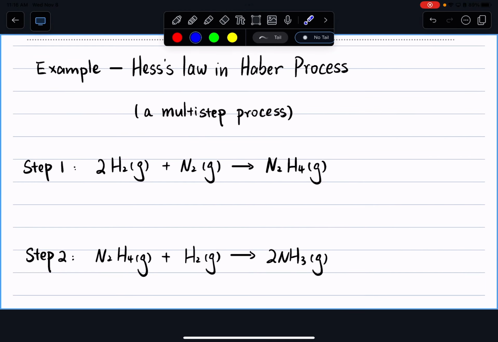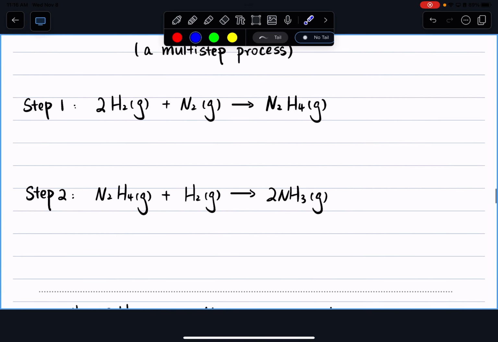The Haber process is used to produce ammonia. Starting from hydrogen gas and nitrogen gas, we have two different steps to form the ammonia. In each of these steps, we can calculate the change of enthalpy, the reaction enthalpy, by surveying the thermodynamic table. So for example, in the first reaction, delta H naught of step 1 equals your product minus reactant, or in this case, it's much easier to call this one an intermediate.